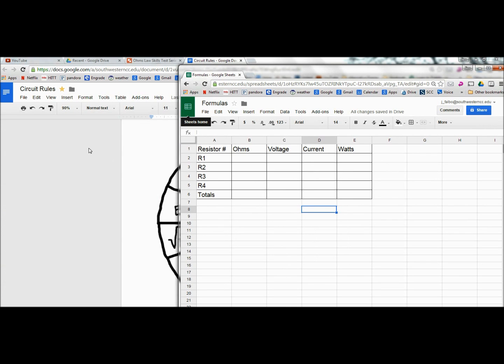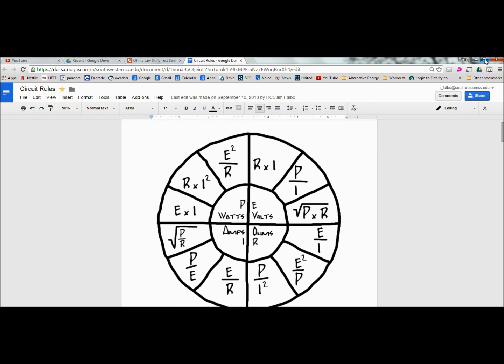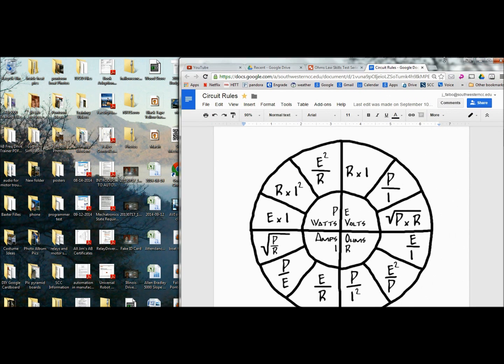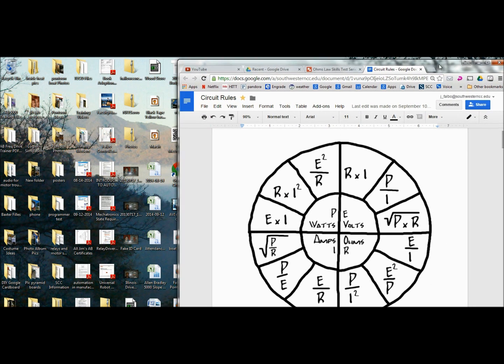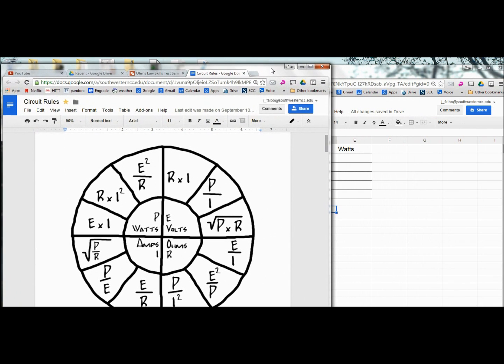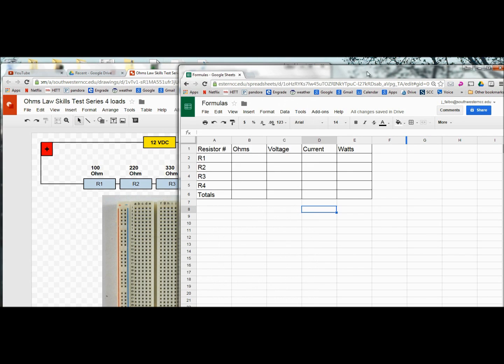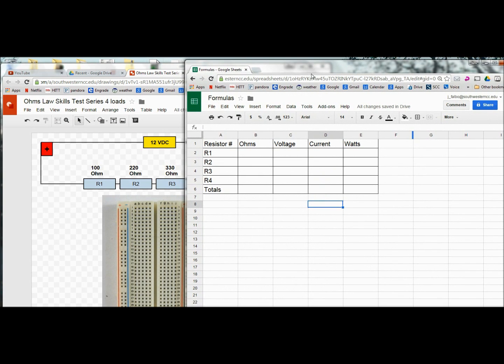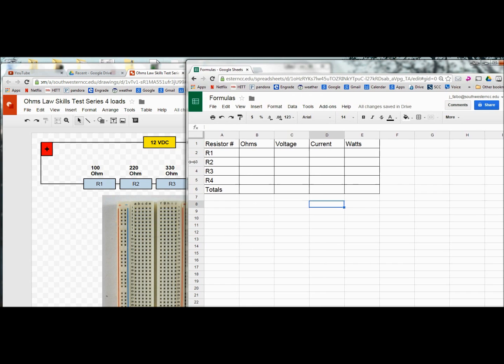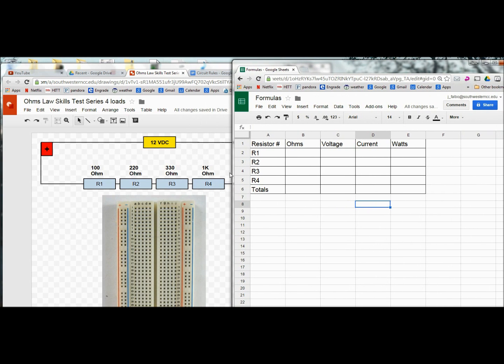You'll notice over here I still have this open, and I'm going to click the middle tab here and drag this over. So now all the rest of my tabs are still here. Here's my circuit, and over here is my spreadsheet. And I can resize this, make my life a little bit easier when I'm doing a circuit analysis.